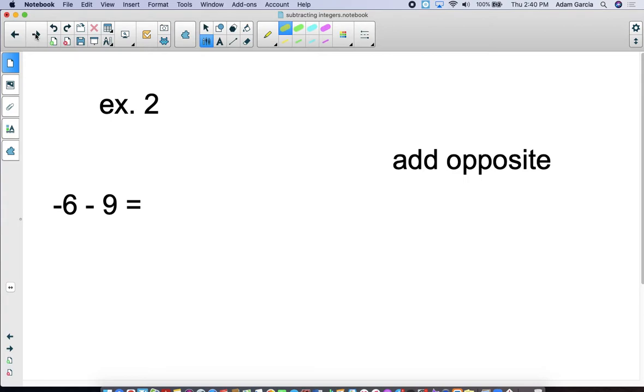Alright, so, example 2. So now you have negative 6 minus 9. This would be like it's negative 6 degrees outside and it's dropping 9. It's getting colder by 9.